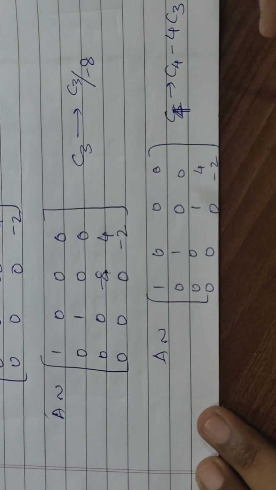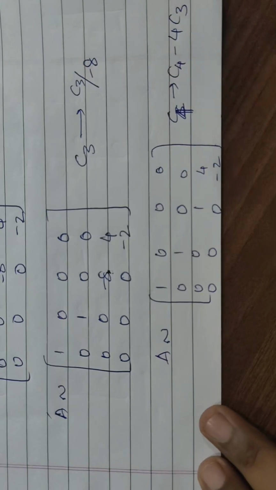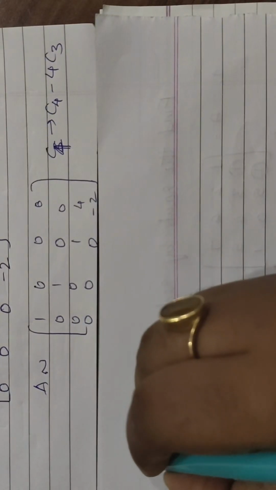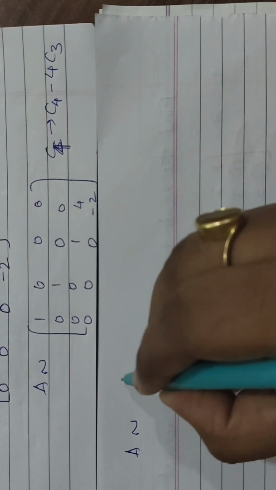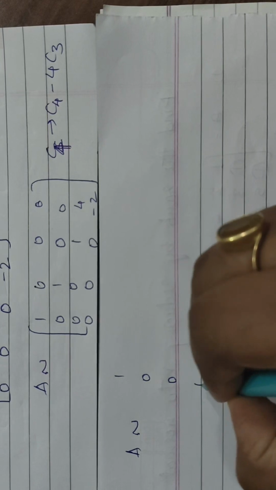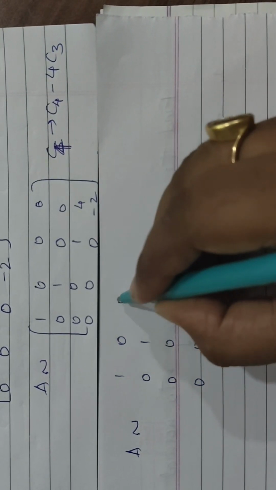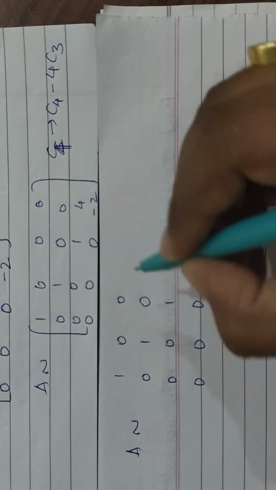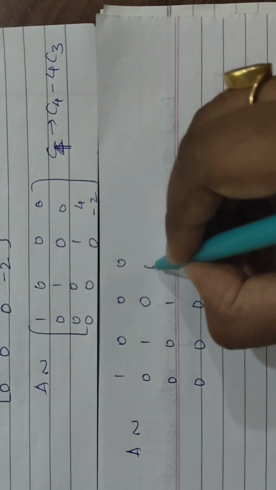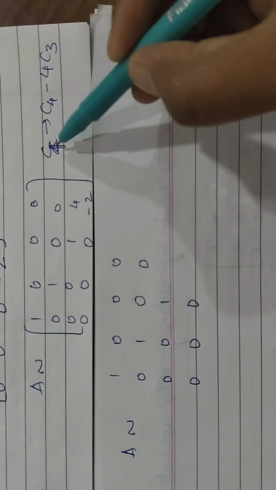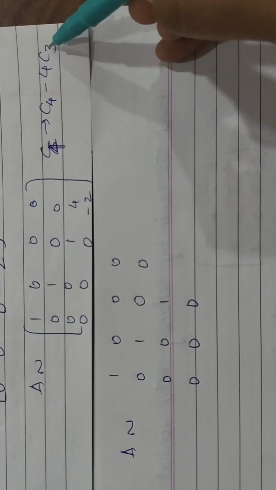Now the given matrix A is equivalent to 1 0 0 0, 0 1 0 0, 0 0 1 0, 0 0 0 minus 2, because C4 is changing to C4 minus 4C3.